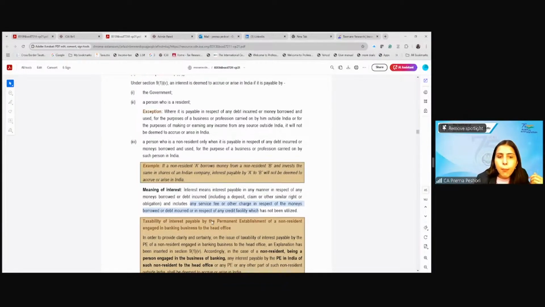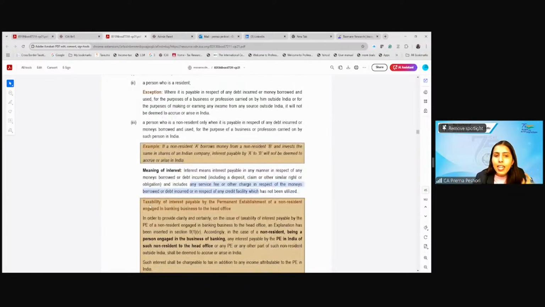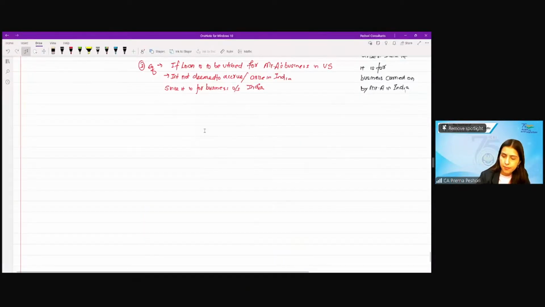Now, there is one important point with respect to the taxability of interest payable by the PE of a non-resident which is engaged in the banking business to its head office. Before we get into the circular, we will understand what this means. So, let us take an example. Let us say there is the branch of a foreign company here in India.